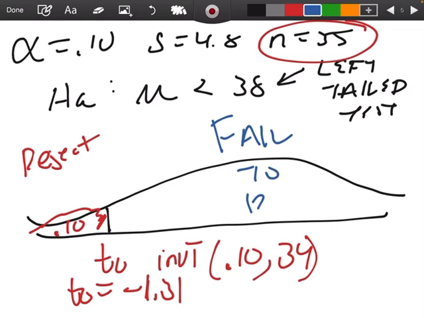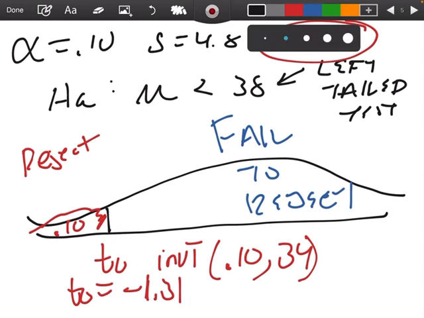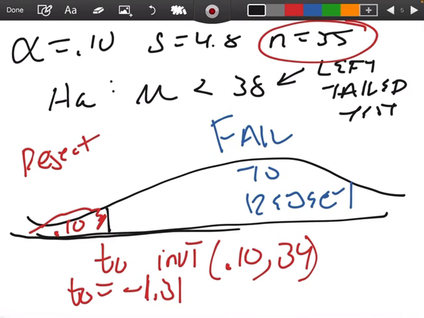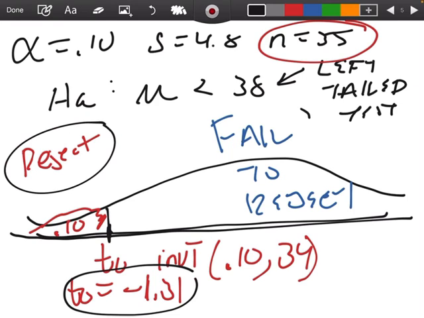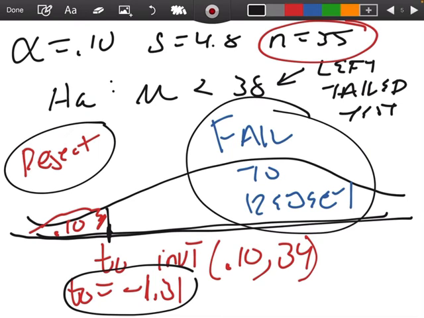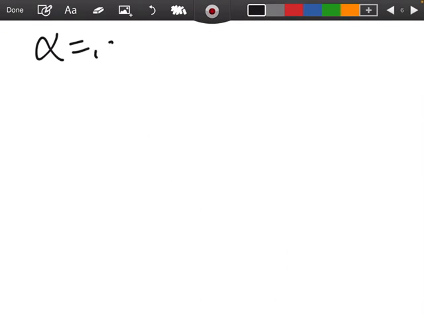This is my rejection region, and this one here is my fail to reject, okay? When we find our standardized test statistic, we want to know where we are going to fall. If we fall to the left of negative 1.31, we reject. And if we fall to the right, then we fail to reject, okay?